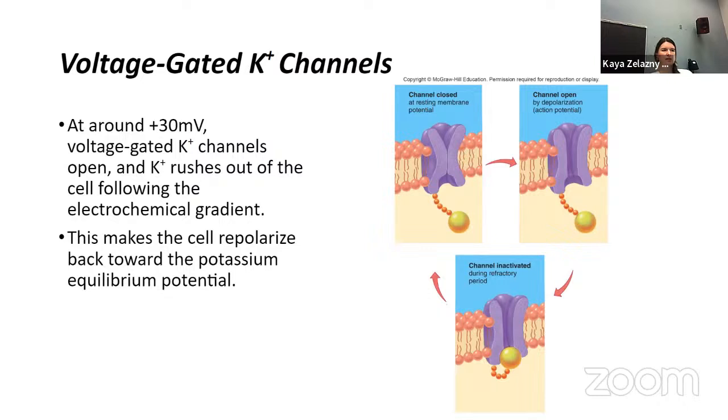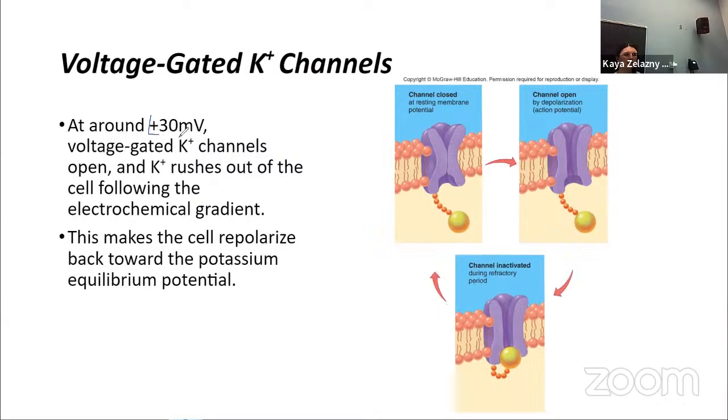The other type of voltage gated ion channel we want to think about when we think about our action potentials are voltage gated potassium channels. They're basically simpler. You maybe know a little bit less about them, possibly also. But basically what's happening with them is that when we hit 30 millivolts, this is essentially the top of our action potential.